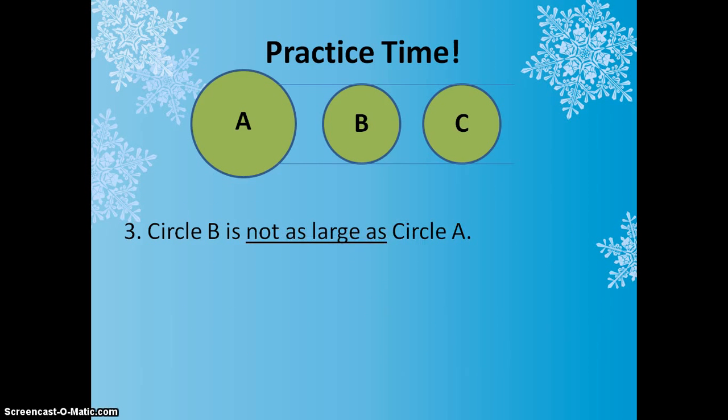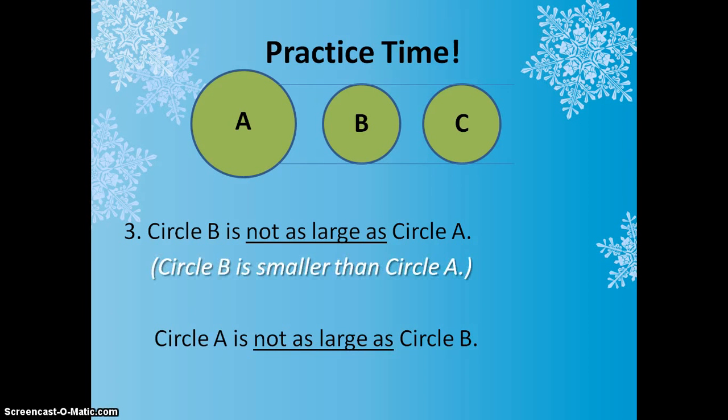Starting with number 3. Circle B is not as large as circle A. Can we say circle A is not as large as circle B? No, because our first sentence means circle B is smaller than circle A, and this is true.